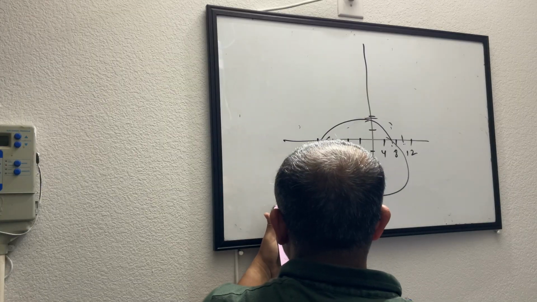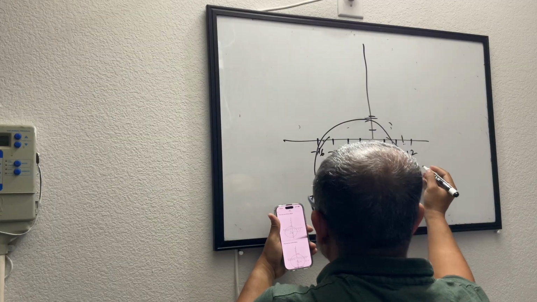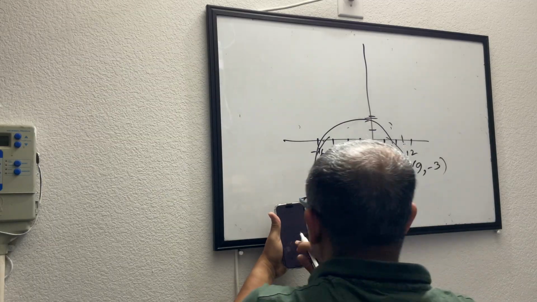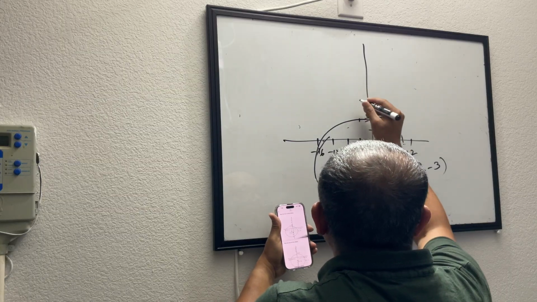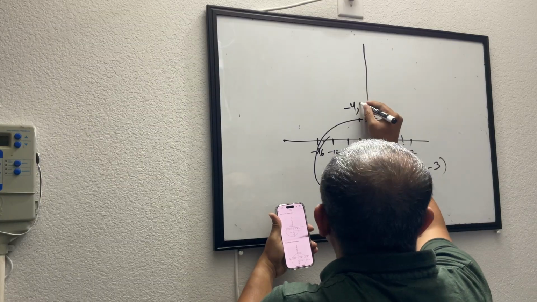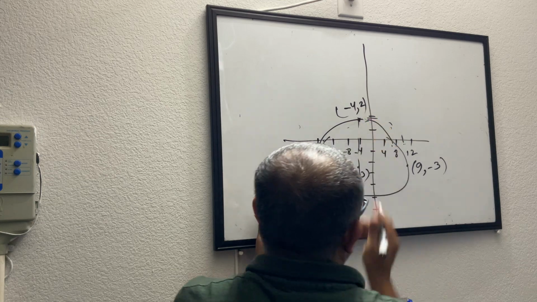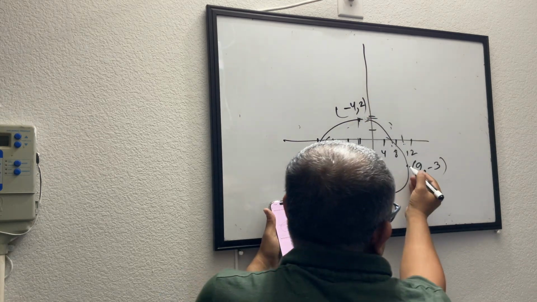I know this doesn't look like an ellipse, but what to do? My drawing skills are not going to improve big time. So we have 3 points given to us: minus 4, comma 2 as one of the vertices of this ellipse along the minor radius.